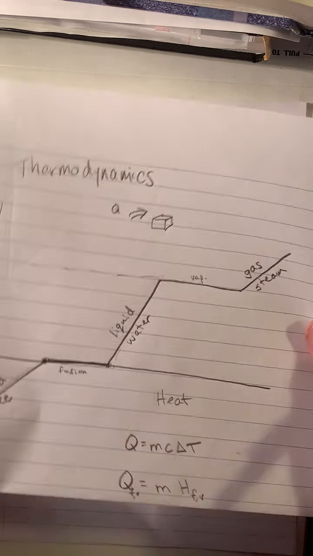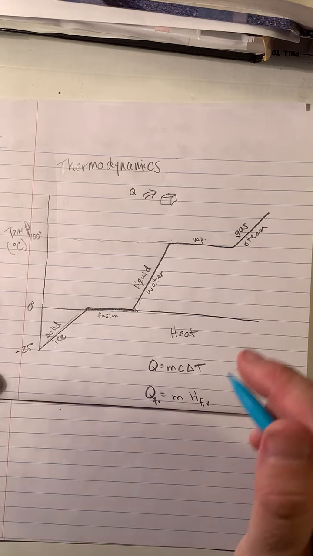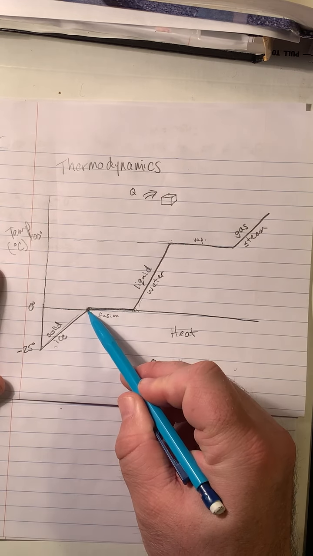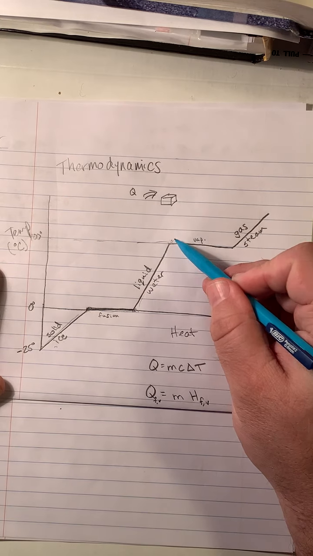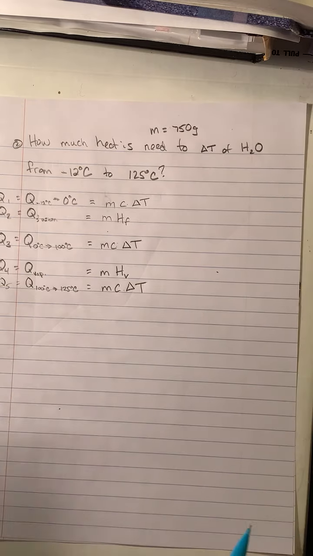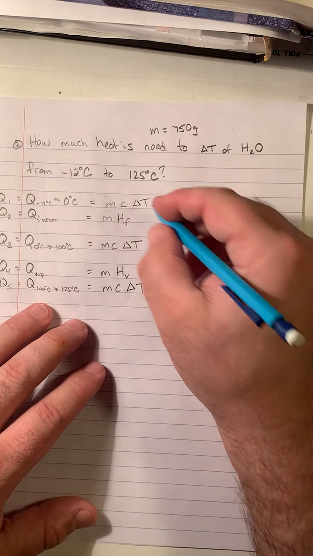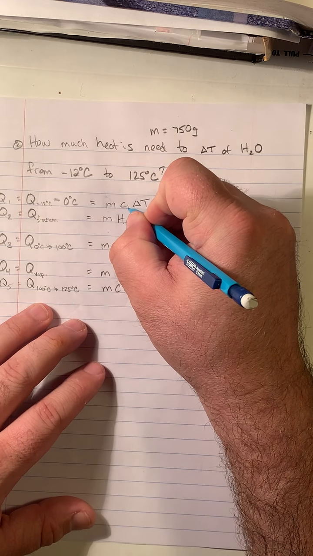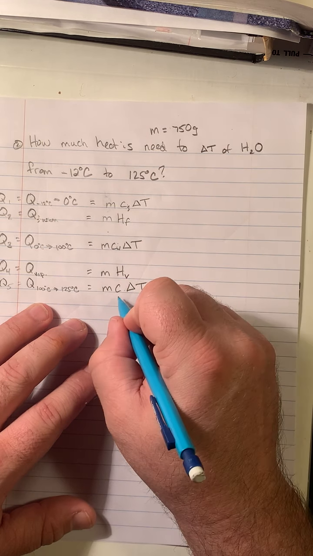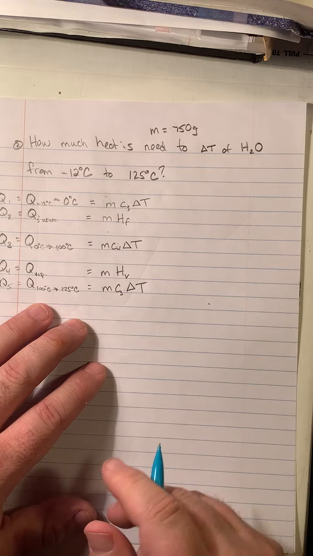So I'm going to see that the specific heat is going to be different every time, because for ice, I'm going to use a specific heat of ice, specific heat of water, specific heat of steam. Okay, so let's plug and chug here. C is going to be a specific heat of ice. This C will be for water, and then this C will be for steam.